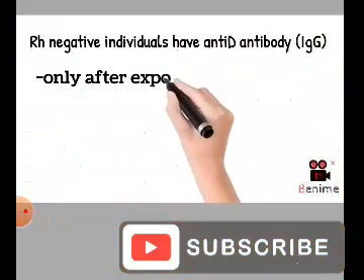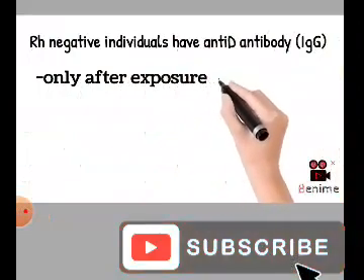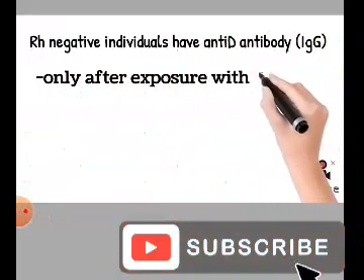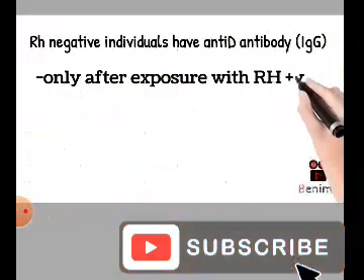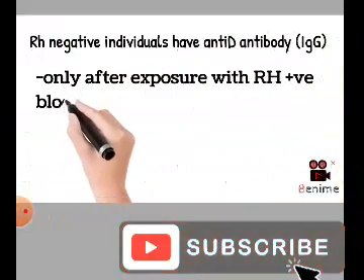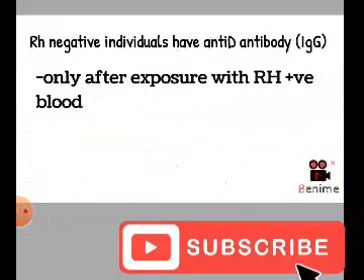So the production of this immunoglobulin happens only after exposure of Rh negative blood to foreign Rh positive blood, after which the immune system produces immunoglobulin G.